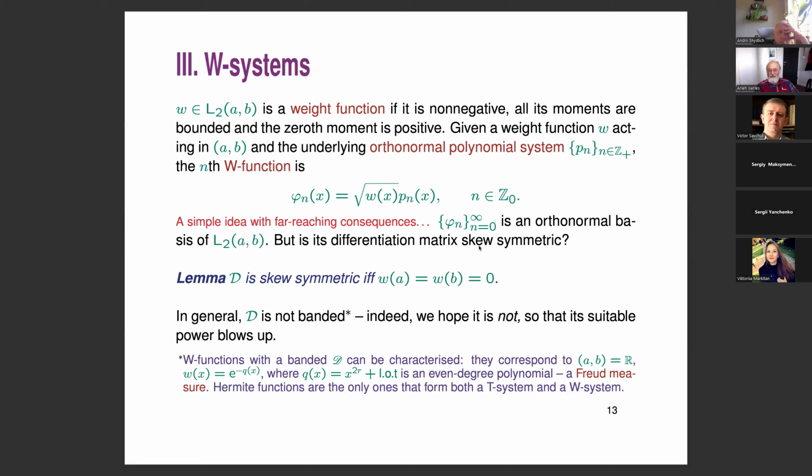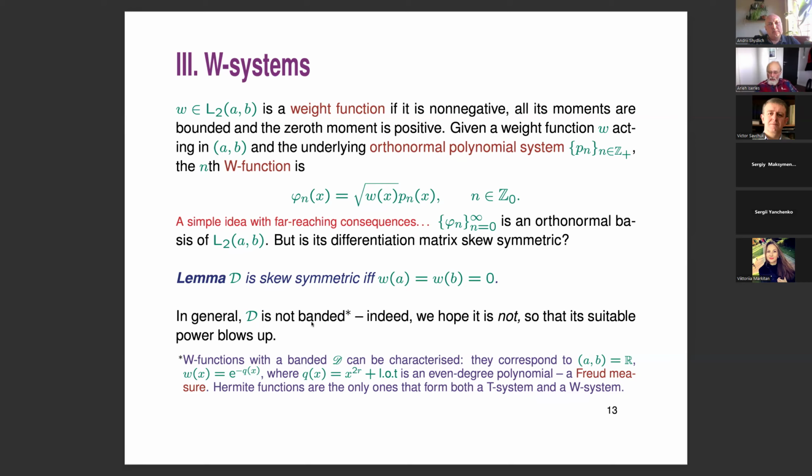First of all, is the differentiation matrix skew-symmetric? And the answer is yes, if and only if W vanishes at the endpoints. That's all. In general, the matrix D is not bounded. It is possible to characterize all the measures, all the weight functions for which we have bounded matrices D, and they correspond to so-called Freud measures, but let us not go in that direction.